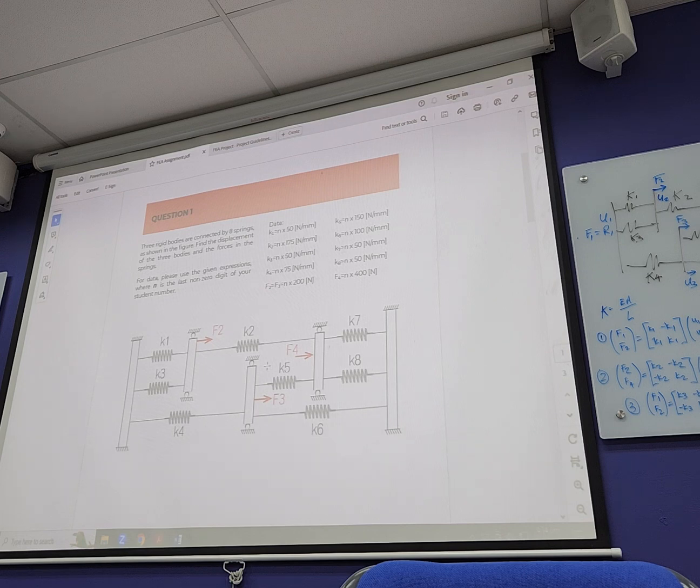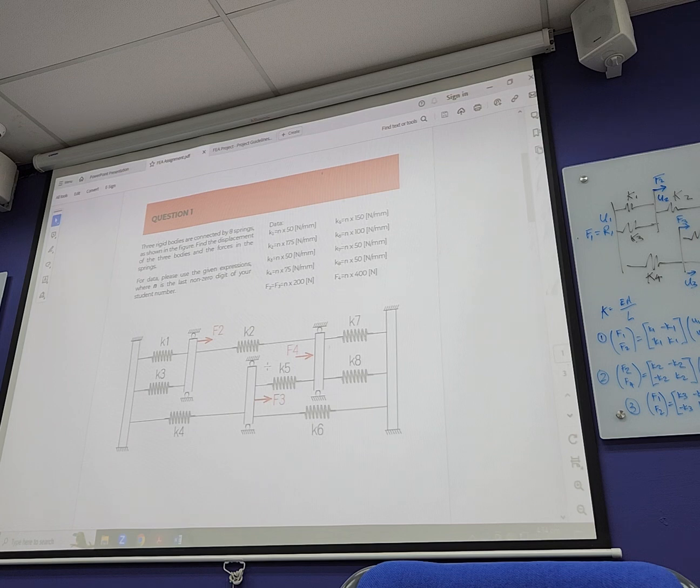Third row: negative K2, negative K5, K2 plus K5 plus K7 plus K8. Okay, U2, U3, U4 equals F2, F3, F4.